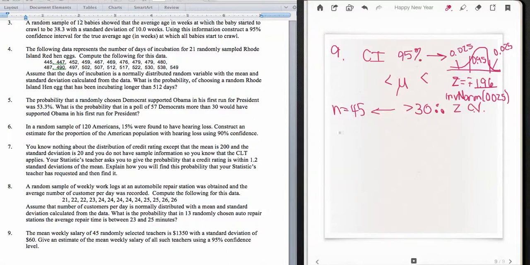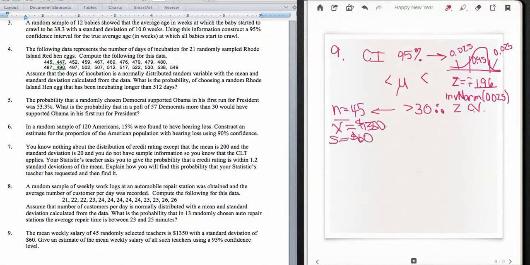We're going to start out with our X bar, our sample mean, which is $1,350. And then we need our standard deviation of that sample, which is $60.